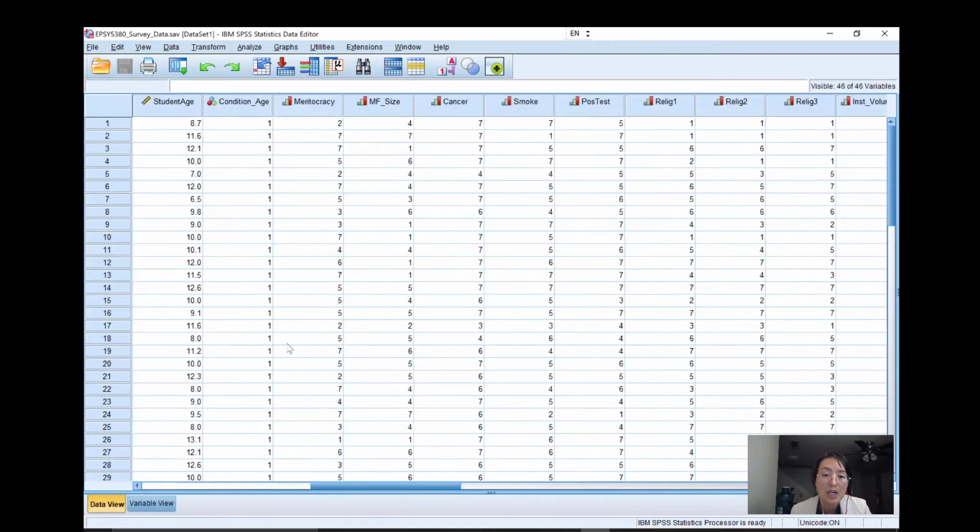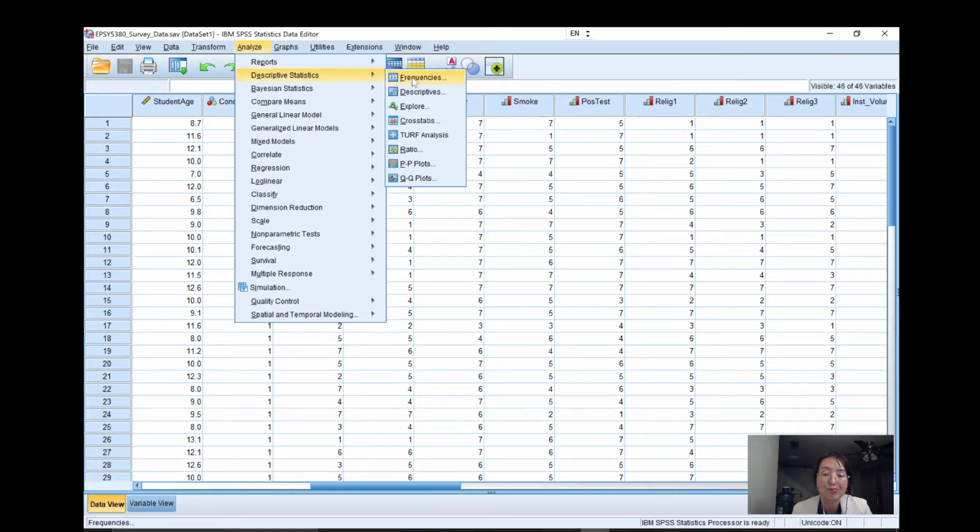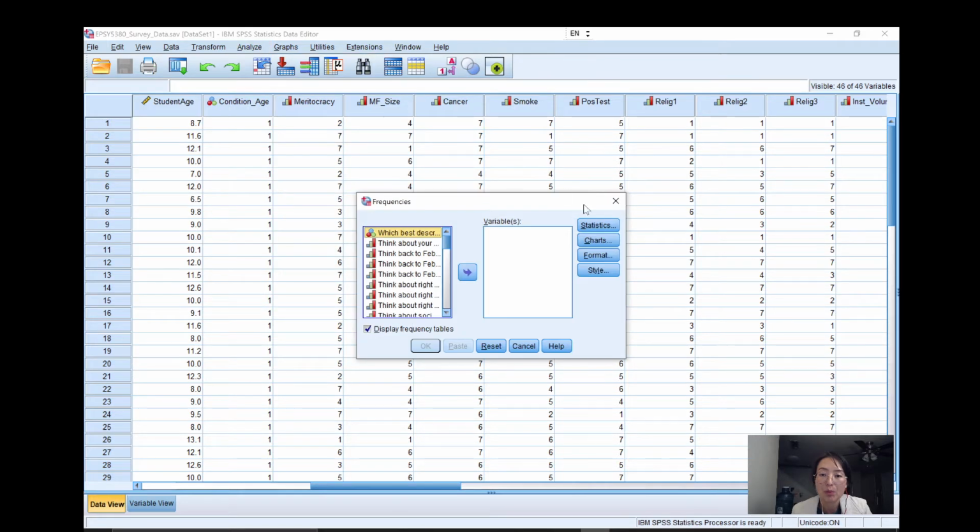So what I'm going to do is go to Analyze to say I want to check the variables. One thing here is you will need to click the variable name, which is these short names, and the default shows you the label.